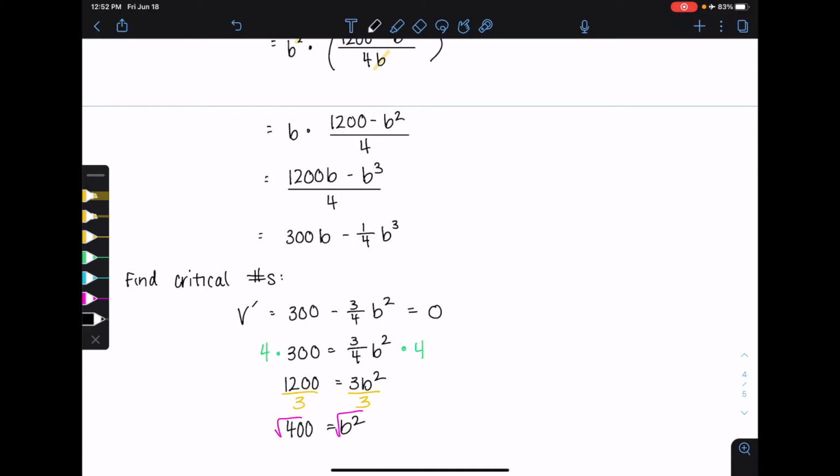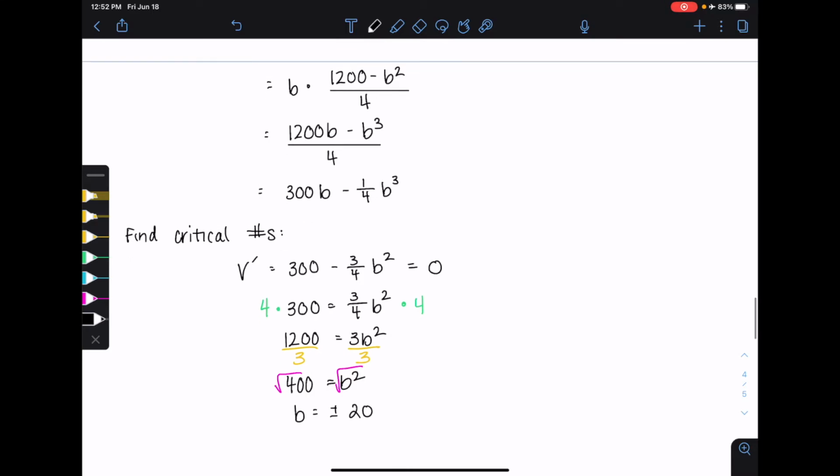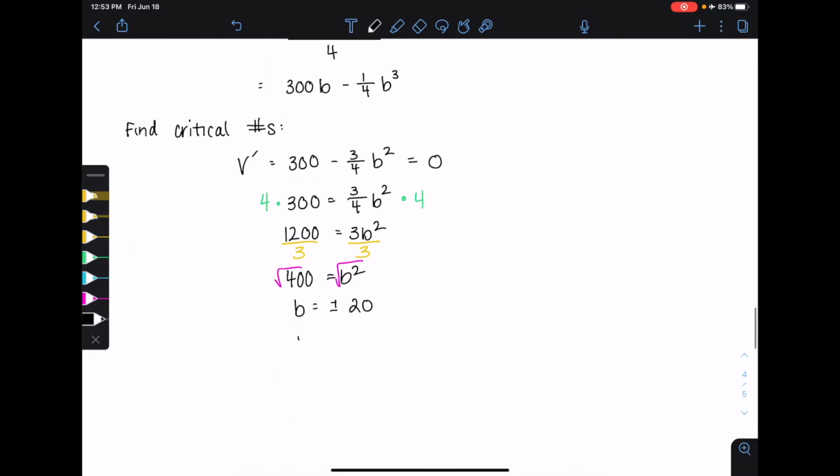And then take square roots, but remember when you take a square root, you get a plus or minus. And the square root of 400 is 20. But b is representing a length, so you really only get one critical number because there's no negative lengths. Okay.